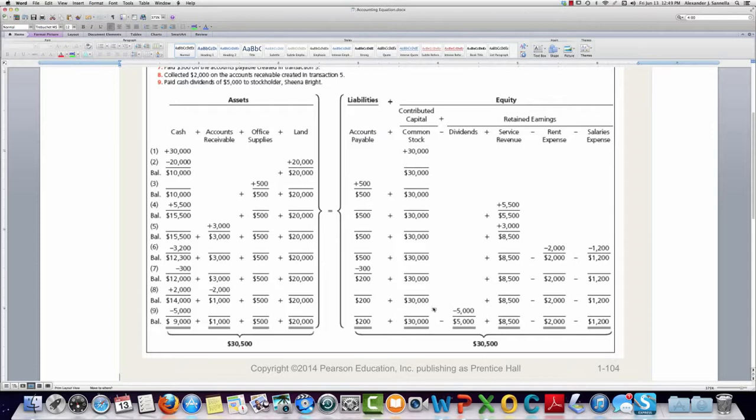We've got capital stock of $30, and then of course we know the ending retained earnings balance is $300. It's the $5,300 of net income minus the $5,000 of dividends. So that information is the source data that we're going to use to prepare the balance sheet.